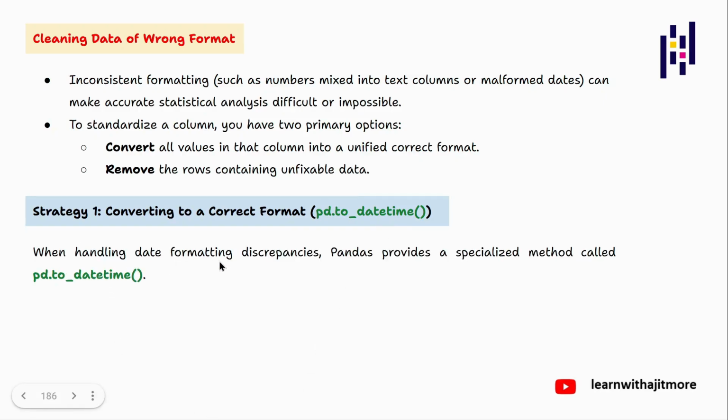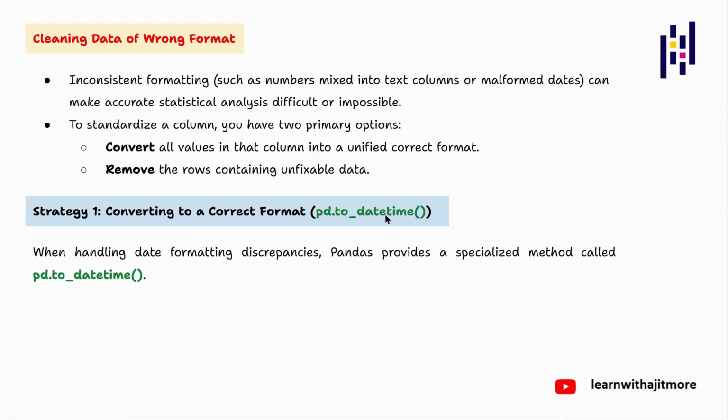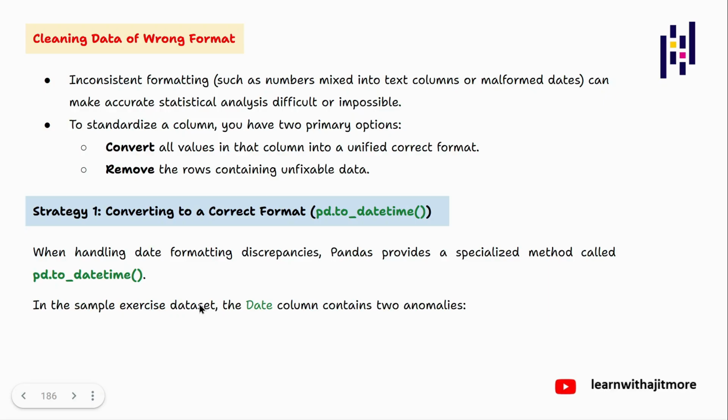While handling date formatting discrepancies, meaning in your column everyone is in the correct format and someone is not, Pandas provides a specialized method called pd.to_datetime. So now if you pass that number, there was a big number over here, this one only, when you give it to this function, it will convert it into some date format. And whatever date you get, replace it over there.